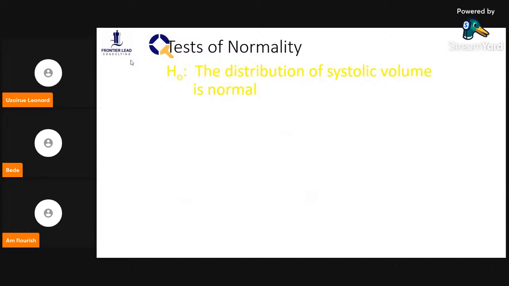That is our null hypothesis, while our alternate hypothesis is that the distribution of systolic pressure is not normal. Remember that systolic pressure is a continuous variable. It's not nominal, it's not ranked, it's not ordinal. It's actually continuous, interval or ratio kind of data.